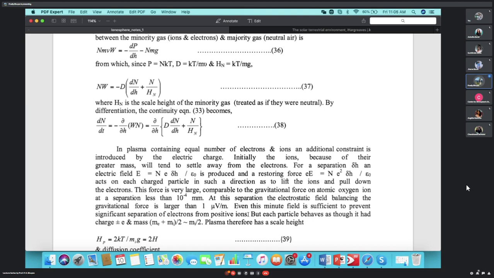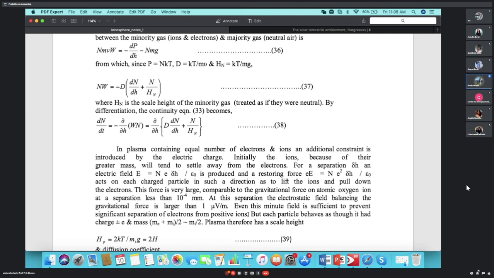Earlier, they are produced at the same place or same height. One O is dissociated to O plus and E. But once it is produced and before it is recombined, it may be pulled down towards the surface of the earth or lower down.